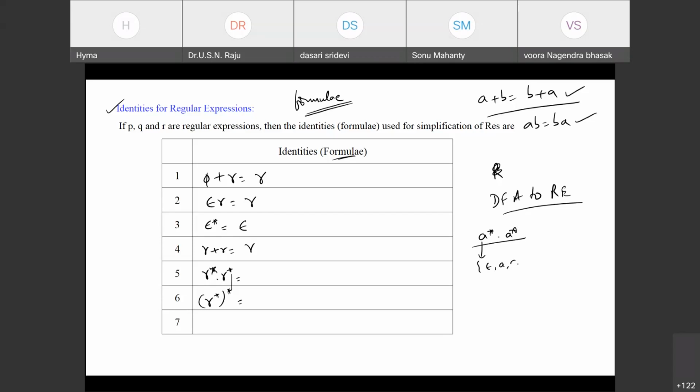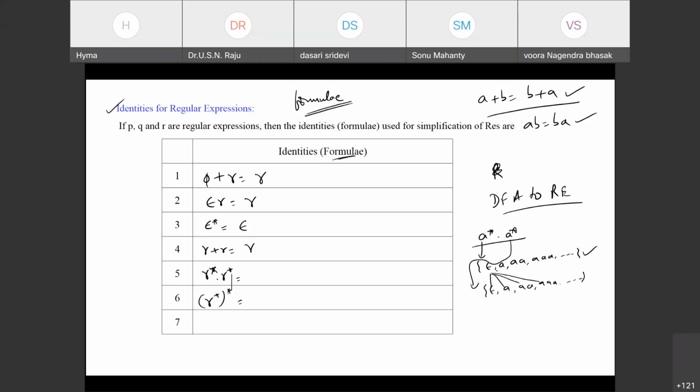Epsilon, A, double A, triple A, and so on. Then what is the language generated by the second A star? That is also epsilon, A, double A, triple A, and so on. Is the language finite or infinite? Infinite.